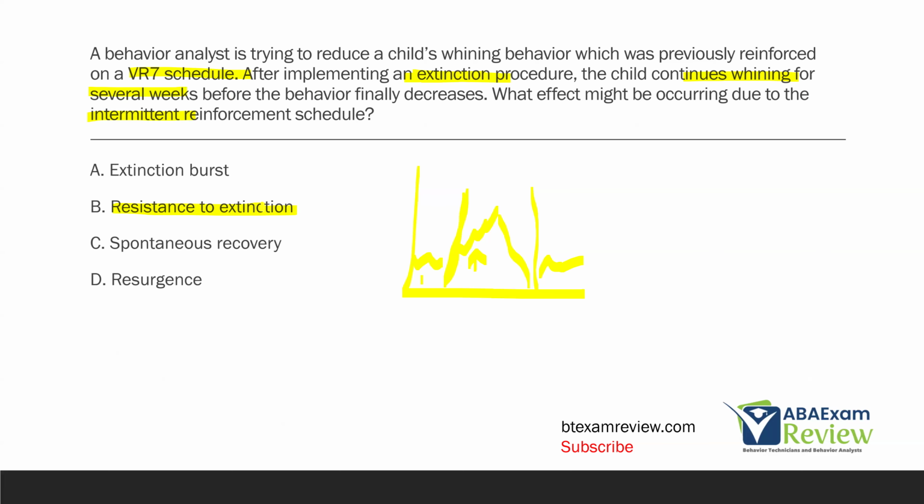And the more intermittent the reinforcement schedule, the thinner the reinforcement schedule, the stronger resistance to extinction is likely to be because it's much harder to withhold reinforcement for a behavior that does not receive a lot of opportunities to get reinforcement. And so in this case, if we have a behavior on a very thin schedule that does not want to respond to extinction, then likely what's occurring is B, resistance to extinction.